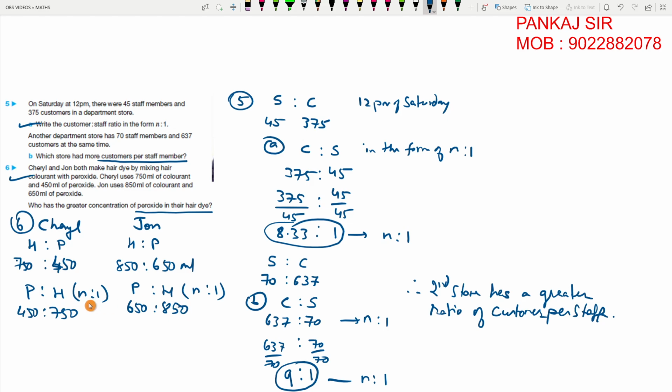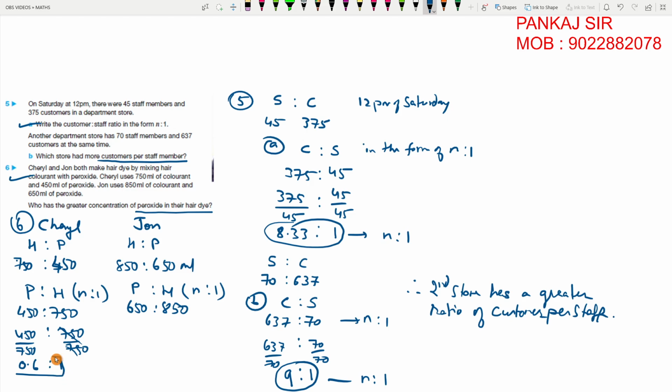Now to make it in n is to 1 form, I'm going to divide this 750 by 750, and 450 also by 750 to maintain the balance. So this will become 1, and 450 over 750 works out to 0.6.